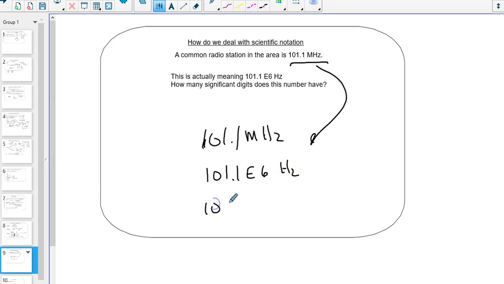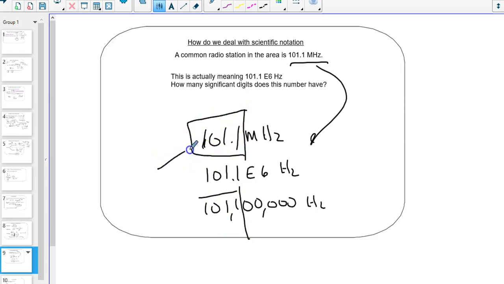It looks like that, 101 million hertz. Where does my tool run out? Well, it runs out right here. So all the numbers that are listed here are significant. And that's why we use scientific notation.